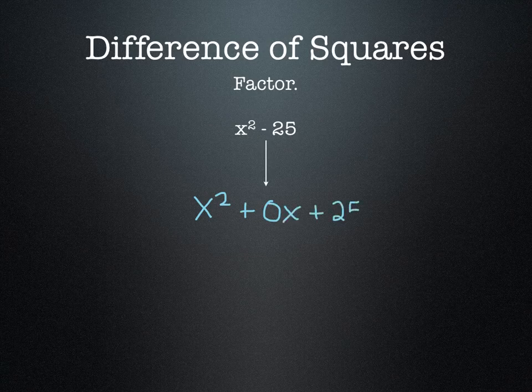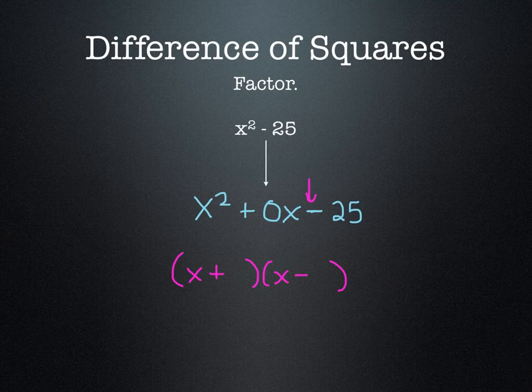Except that wasn't a plus, was it? The 25 has a minus in front of it, so that should be a minus. Just like that, now I've got a trinomial that I can work with. So when I go to factor it, just like we've been doing, I know I'm going to start with an x and an x. Looking at this, I know my signs are going to be a positive and a negative.